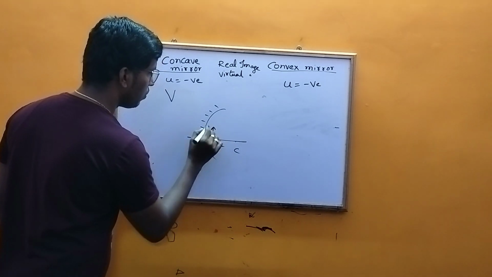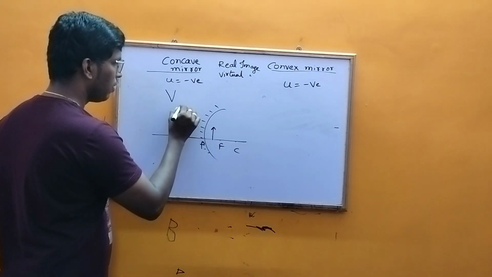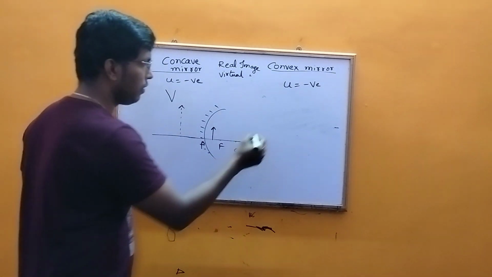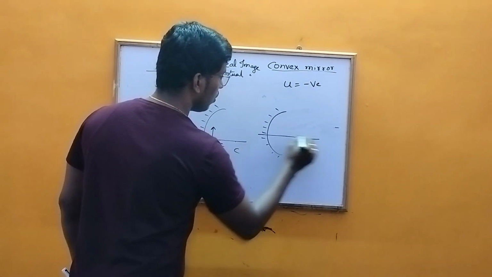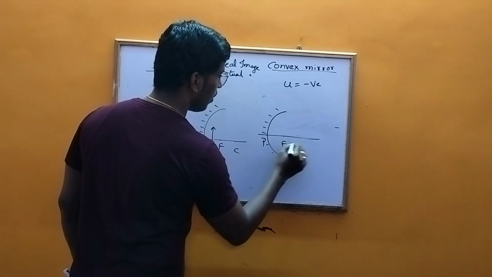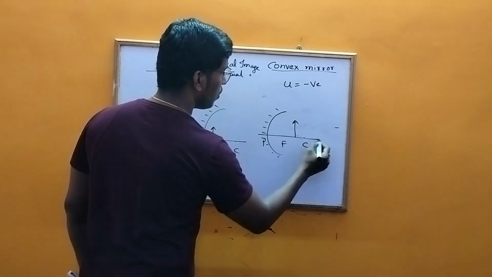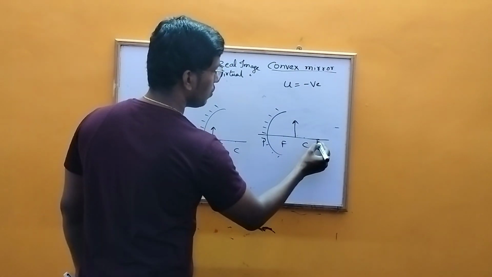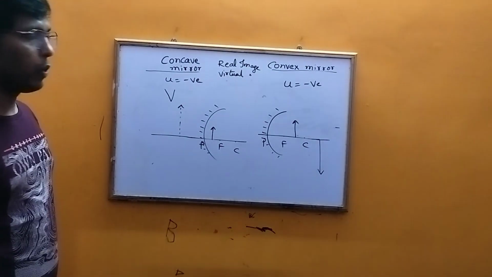In this case, when I have placed the object between P and F, the image is formed like this. And in the second case, when I have placed an object between F and C, the image will form beyond C.